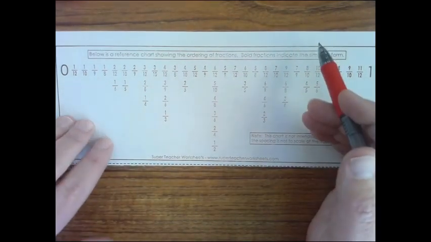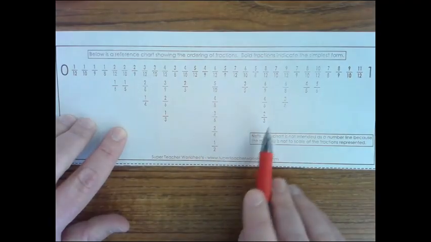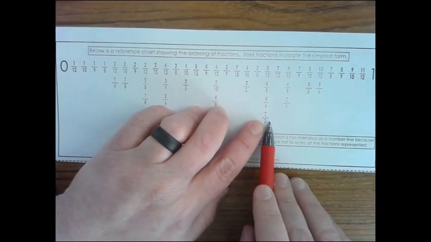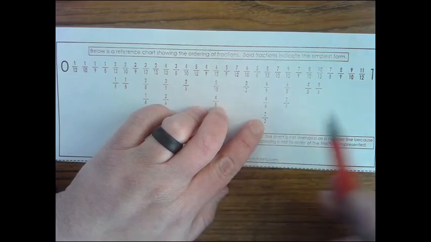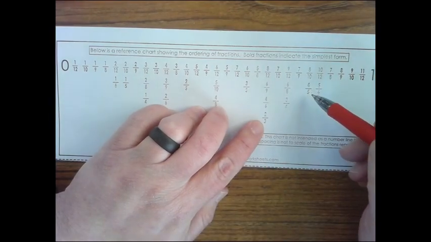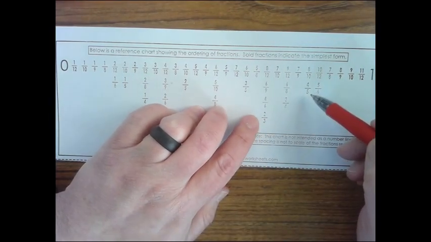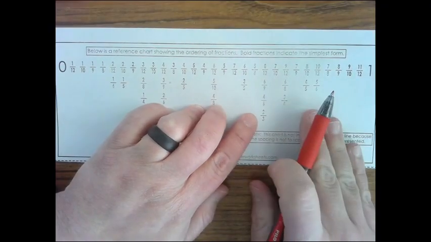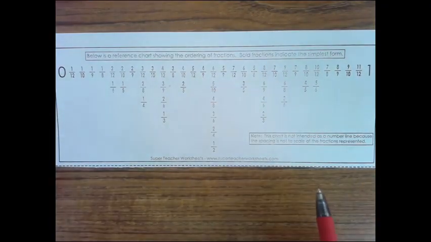We're looking for 2/3, and I see 2/3 over here, and then we're looking for 4/5, and I see 4/5 over here. So as you can see, 2/3 is less than 4/5. We can use this reference chart to help us check our work, so we're going to do that periodically through this video.